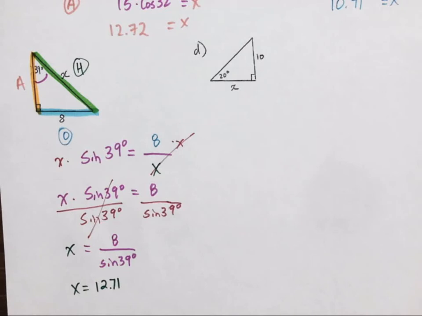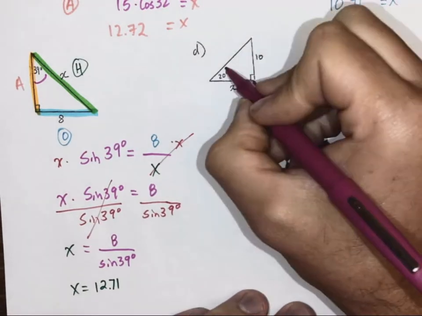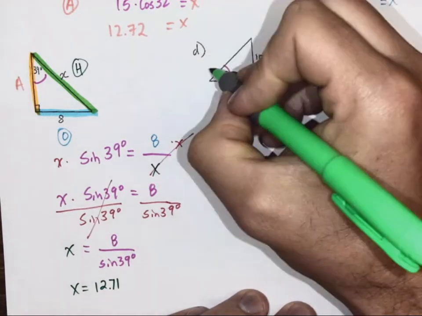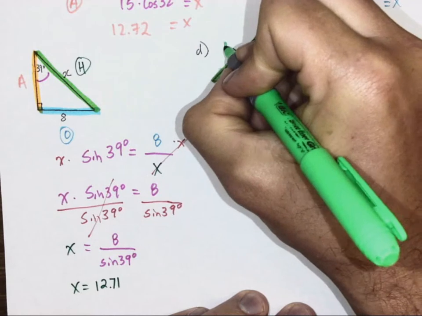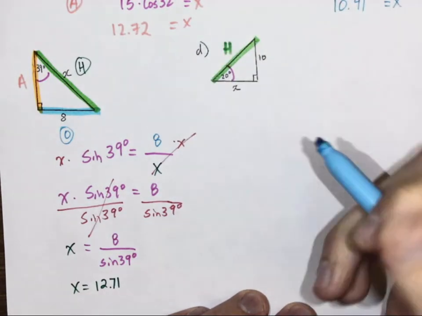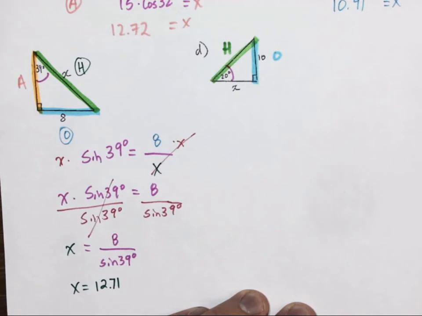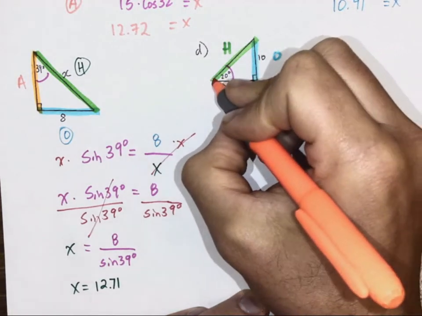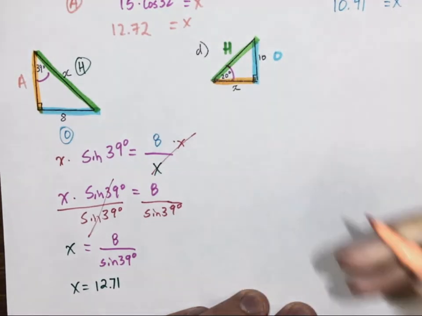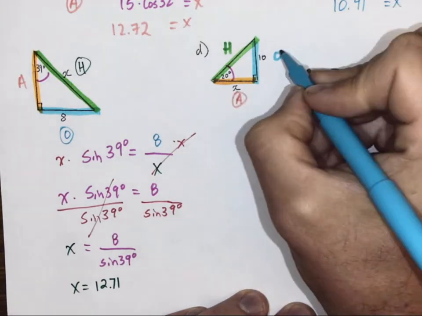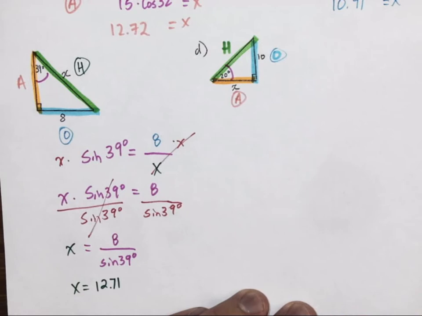Last example together, and then I want you to try some. Here's the corner. Label the sides. Need to find adjacent. We have the opposite. SOHCAHTOA.